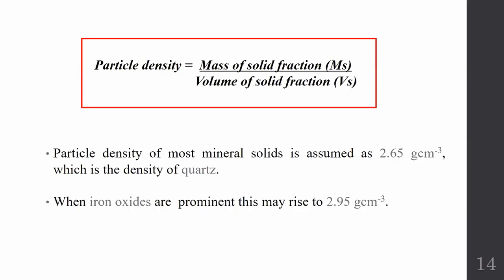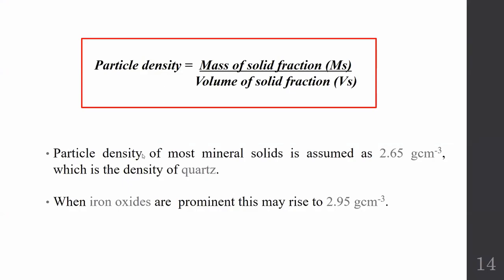If the soil contains iron oxides, that value varies to 2.95 gram per cubic centimeter. So the 2.65 gram per cubic centimeter, you have to keep in your mind for the calculations.